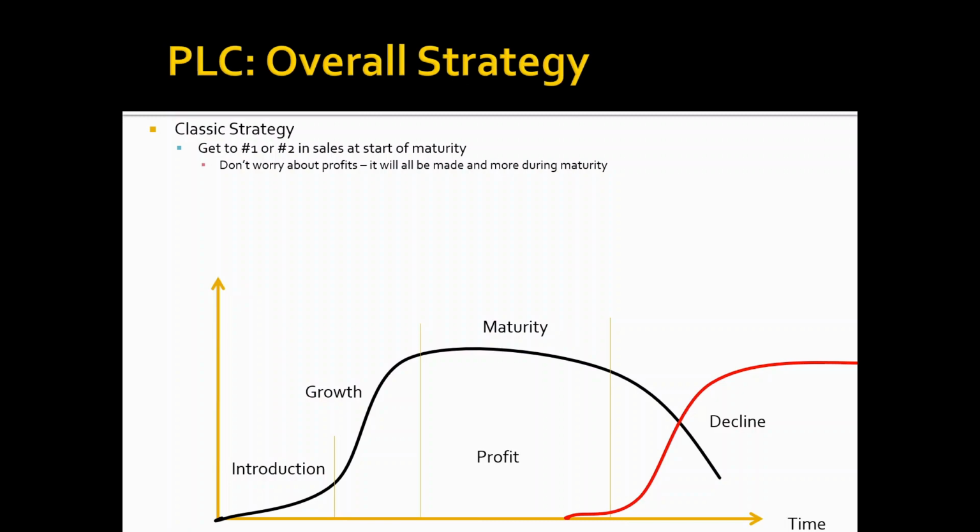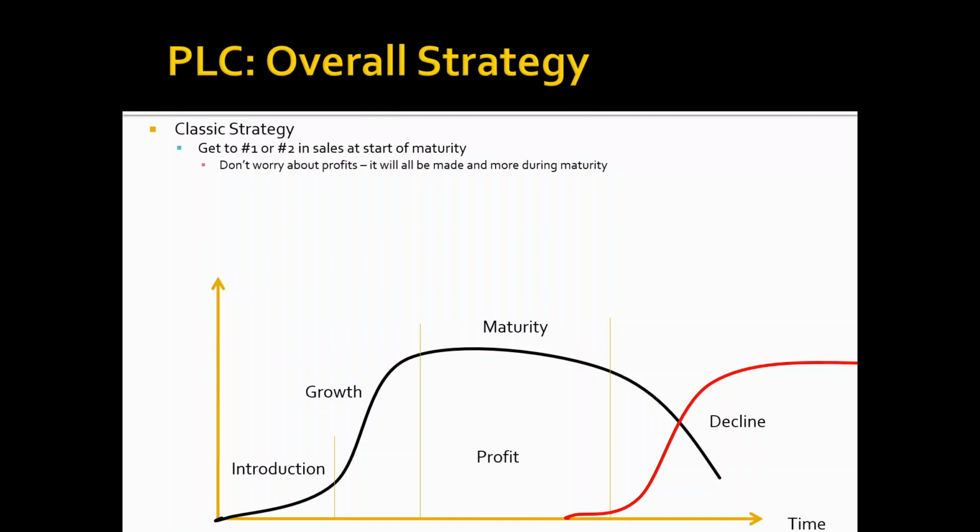And we'll be the Coca-Cola, we'll be the Procter and Gambles, we'll be the brands that are iconic, that have these cash cows that rule forever. And with the cash from the cash cows, we're able to sustain the growth of new products through introduction and growth without making a profit. And that's been the strategy for a long time.